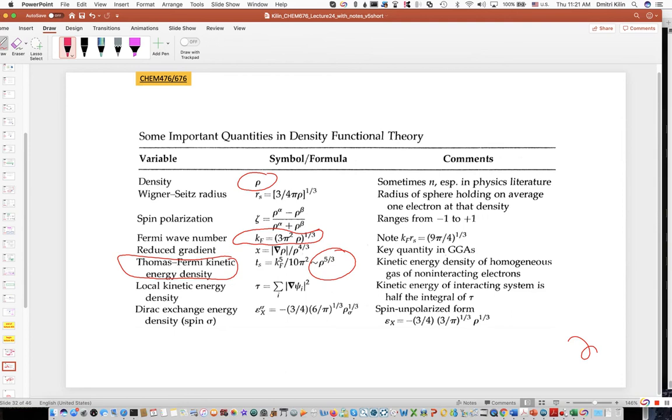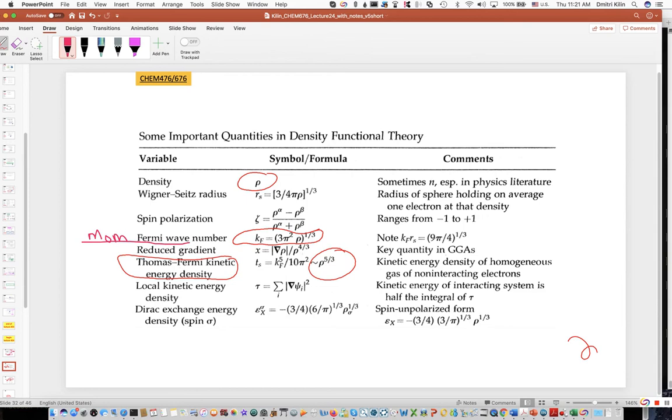So, Wigner-Seitz radius, which is related to the inverse of the density, spin polarization, the momentum that corresponds to Fermi energy. We covered this concept in Thomas-Fermi theory.